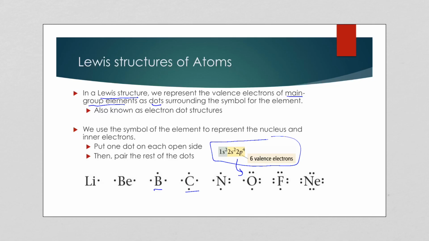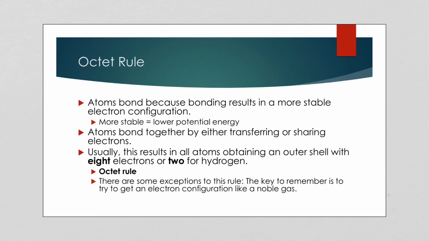And we get over to the noble gases here, and notice we're filled. So we did a lot of talking about electron configurations and wanting to get to the electron configuration of a noble gas. When we talk about that, we refer to it as the octet rule.